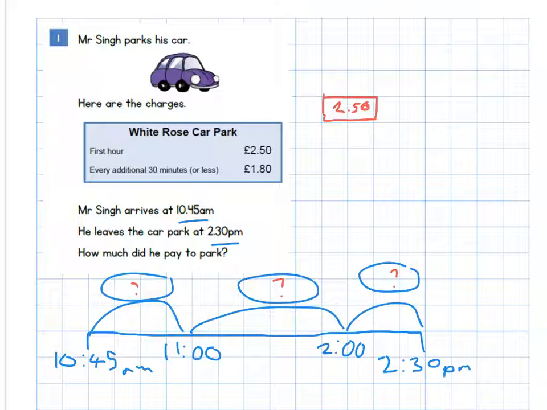So that's 1 hour. So if he stays for an hour and a half, he'll have to pay that plus an extra £1.80. That'd be an hour and a half. If he stayed for 2 hours, or anywhere between an hour and a half and 2 hours, he'd have to pay another £1.80, and so on. So you might be able to use that to help you get your answer at the end.